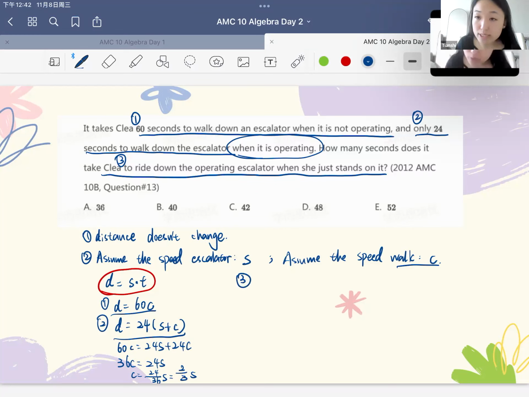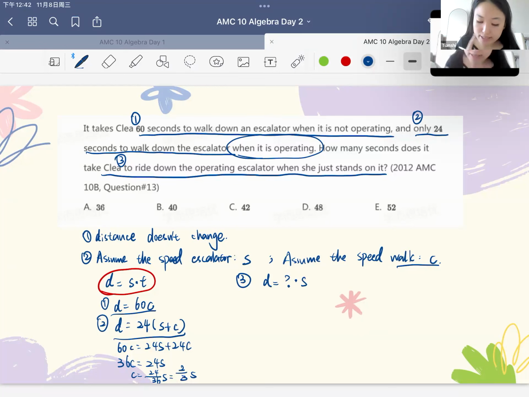The third scenario is the question that we are going to solve ourselves. So the distance equals the unknown variable, the time, times the speed. The speed is the speed for the elevator, right?